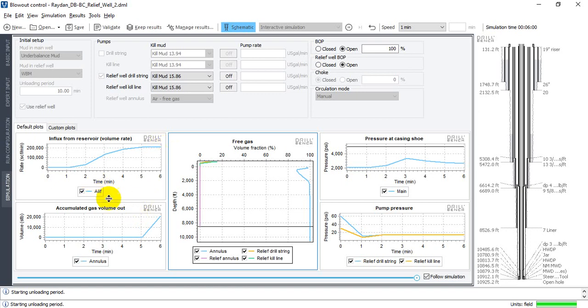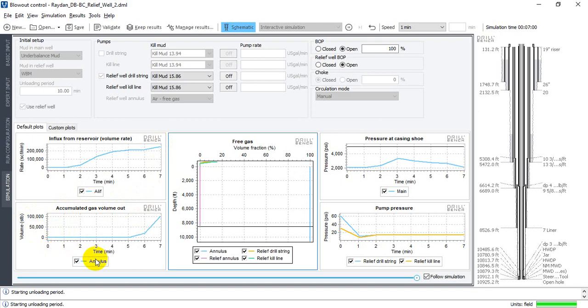In the Aleph reservoir, it is the formation name, and accumulated gas volume out from the annulus and the mine well. It is 100,000 cubic feet, tank feet, barrel.